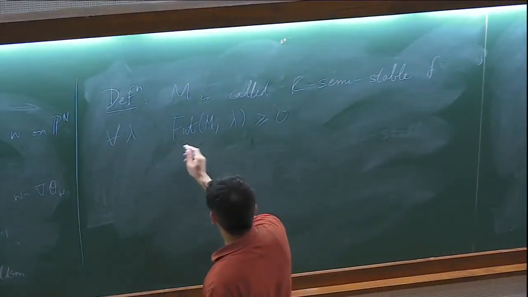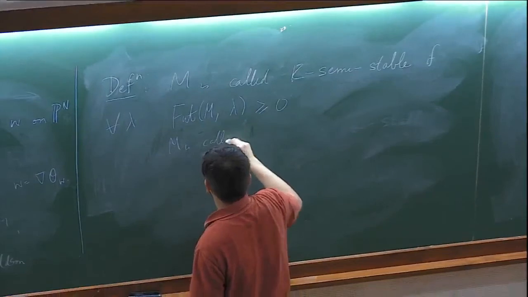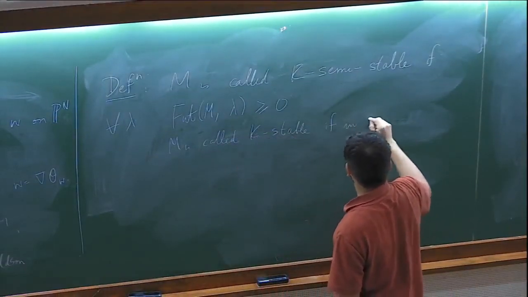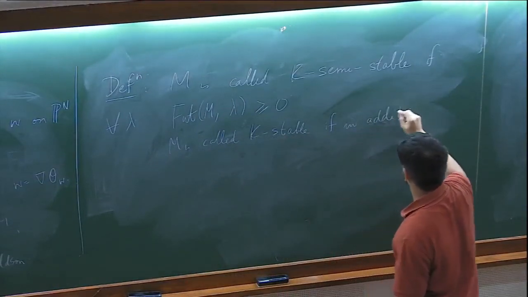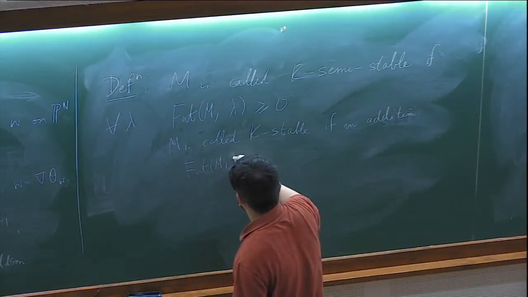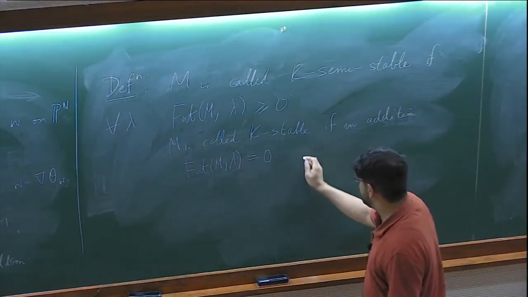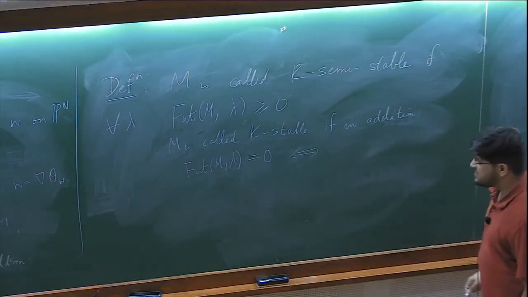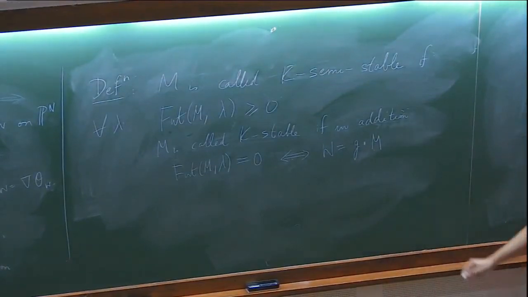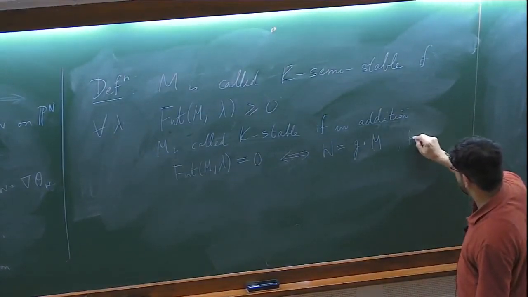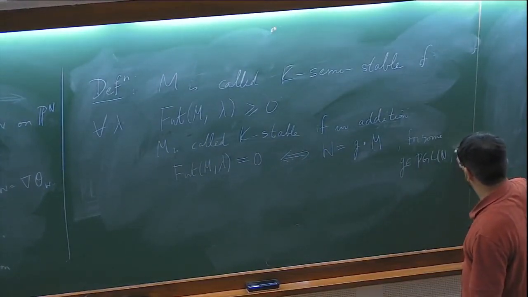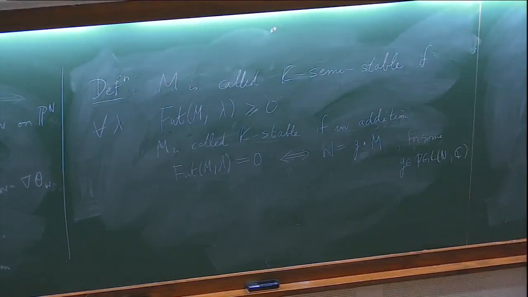And then M is called K stable if in addition this being equal to 0 is equivalent to the statement that W is isomorphic to M, for some g in the automorphism group of the projective space.